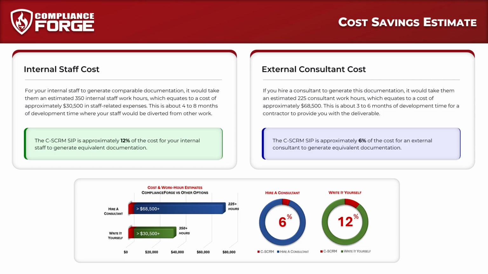If you hire a consultant to generate this documentation, it would take them an estimated 225 consultant work hours, which equates to a cost of approximately $68,500. That is about 3 to 6 months of development time for a contractor to provide you with the deliverable. The C-SCRM SIP is approximately 12% of the cost for your internal staff and approximately 6% of the cost for an external consultant to generate equivalent documentation.